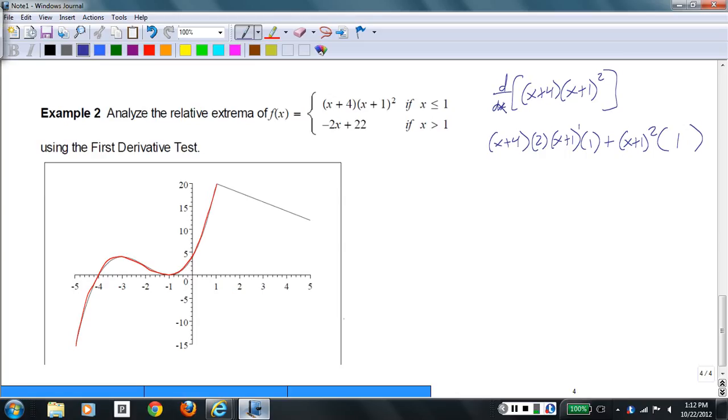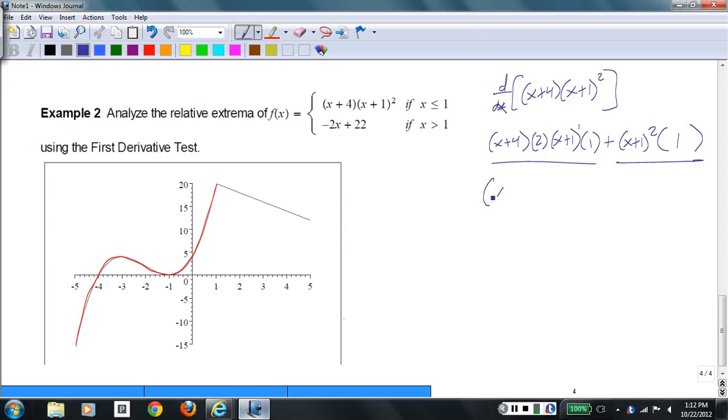Now, let's clean this up a little bit. This expression and this expression, two components of the entire derivative, each have a factor of x plus 1. So my suggestion is, rather than clearing parentheses, we take advantage of that common factor and factor out the x plus 1. It'll help us with the factoring on the back end.